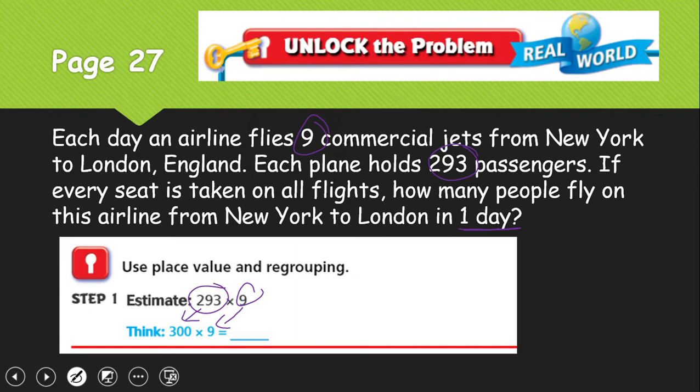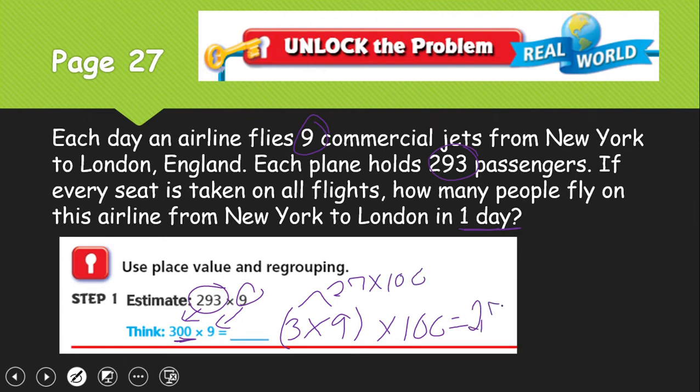The basic fact we have here is 3 times 9, and then later multiply it by 100 because the 3 is in the hundreds place. So 3 times 9 equals 27. Good. And then 27 times 100 gives me 2,700. Good. So our answer needs to be close to 2,700.